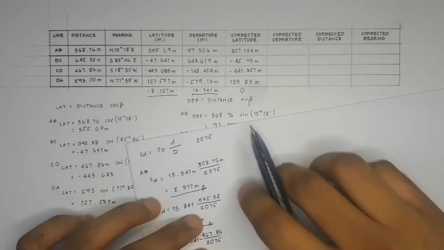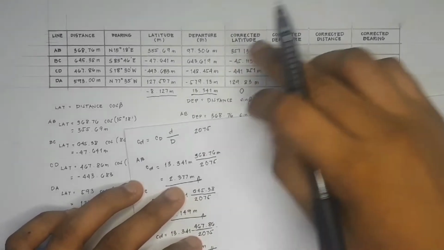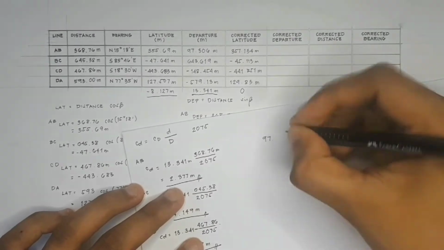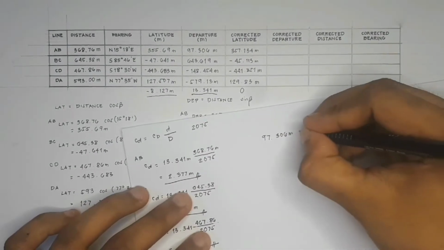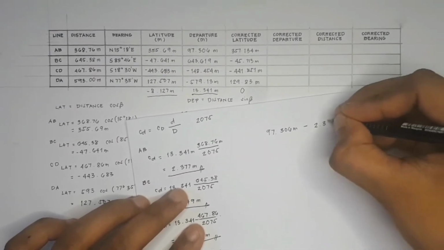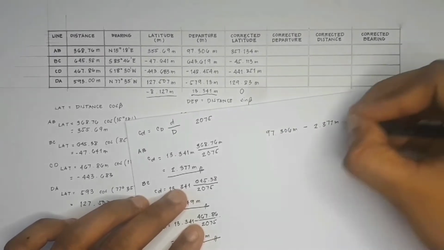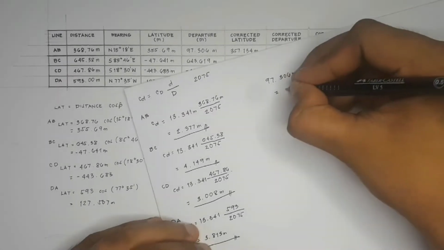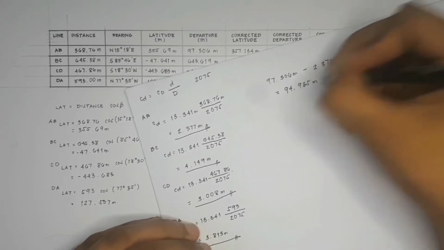So we have the departure of line AB, 97.306 meters minus the correction, 2.377 meters, and this will give us 94.935 meters.